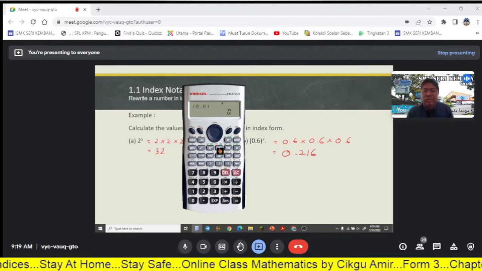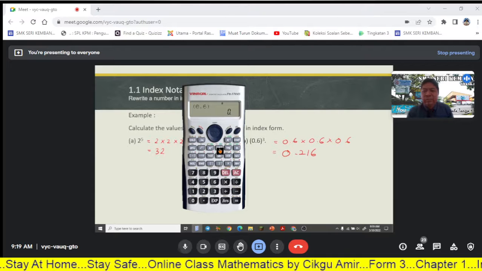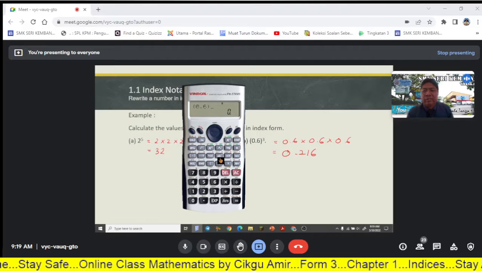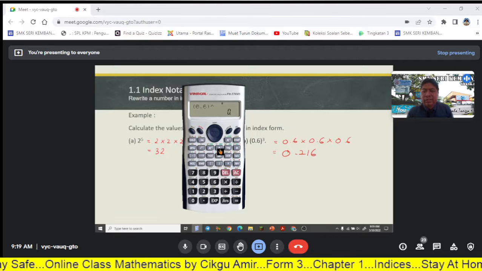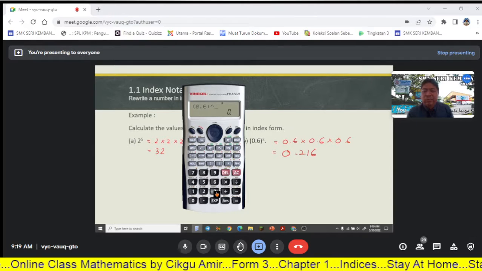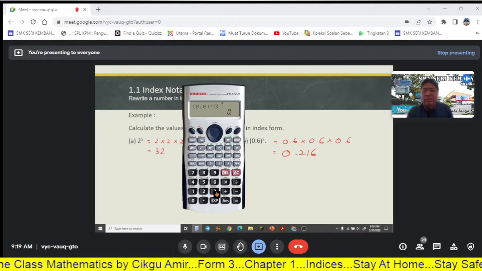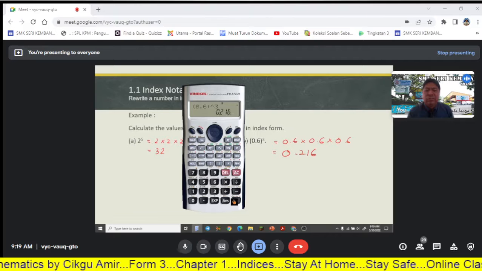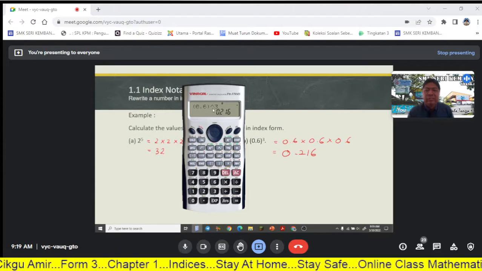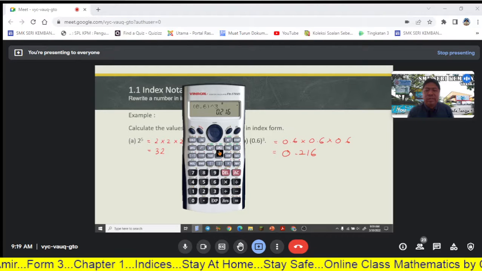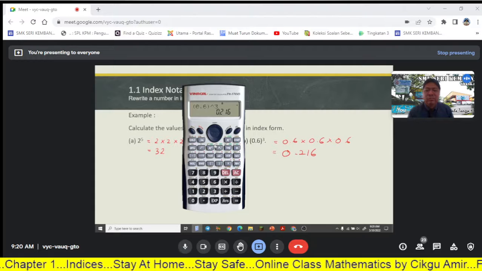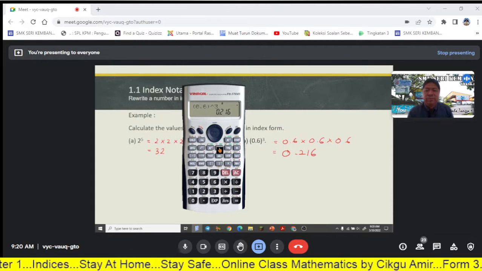You can use the previous method, using the arrow here, and you put the number 3. The answer is 0.216. This is the first choice, using the to the power of symbol.